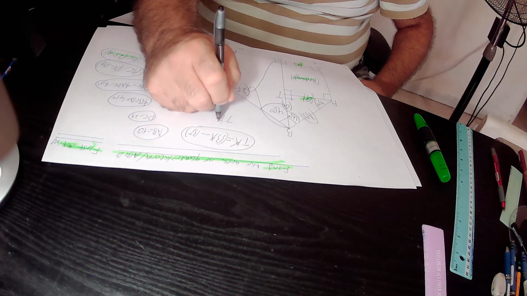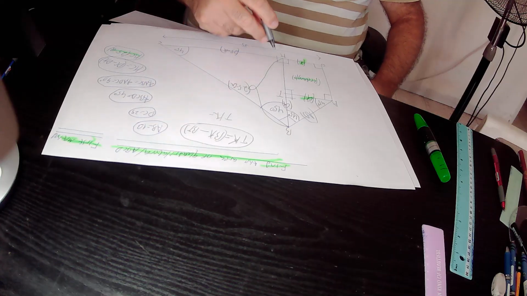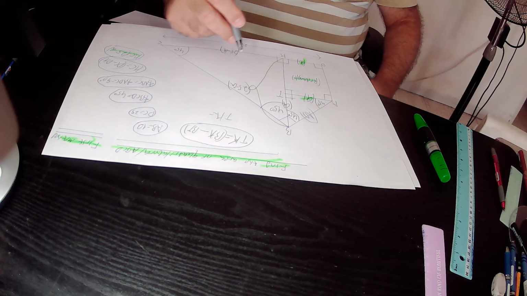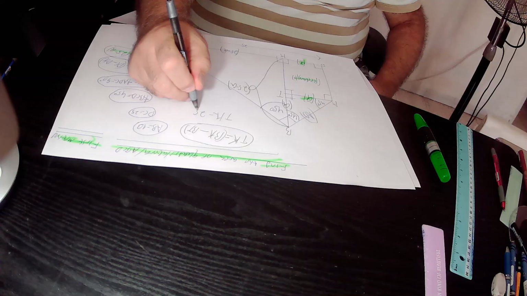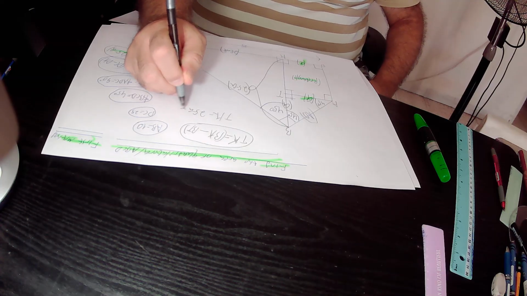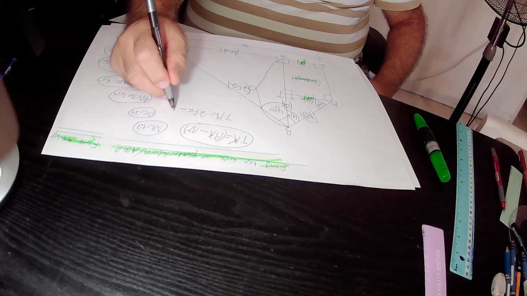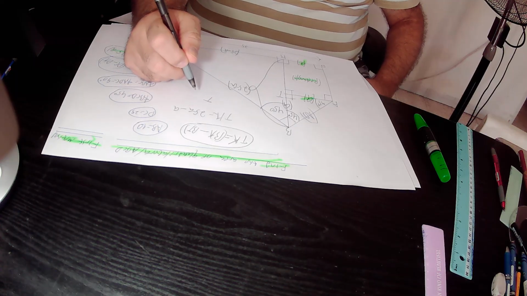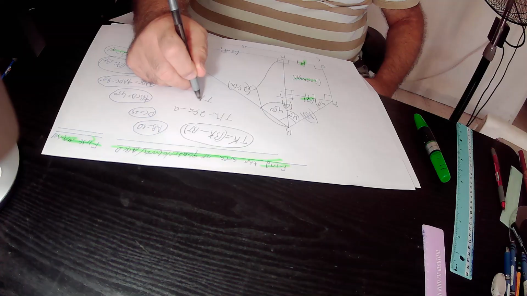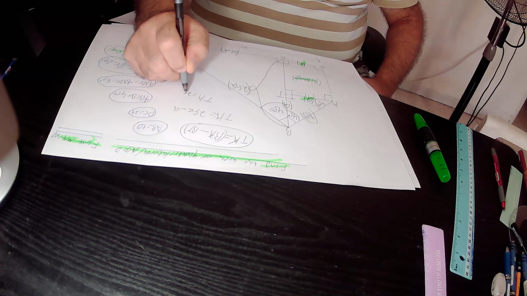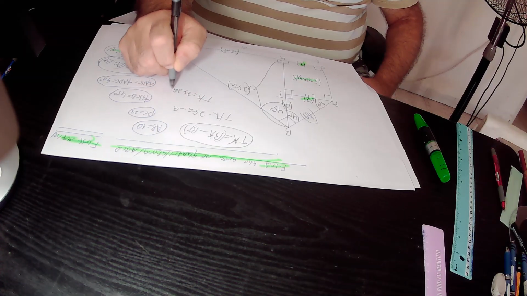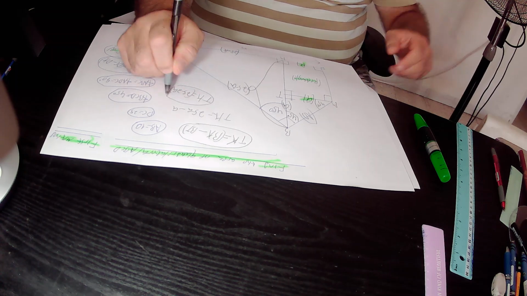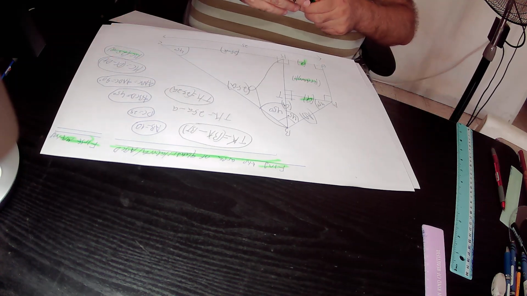BK is 25 minus A, minus BT. BT is A. So TK in total equals 25 minus A minus A, that is 25 minus 2A units in its length. So TK equals 25 minus 2A.